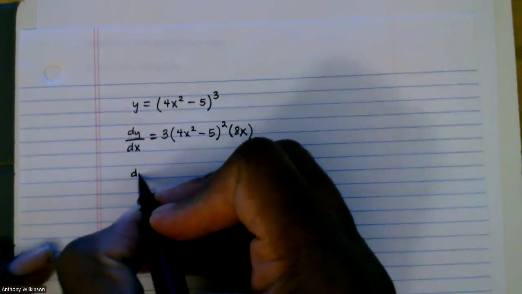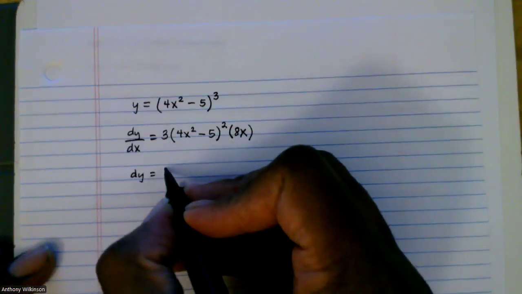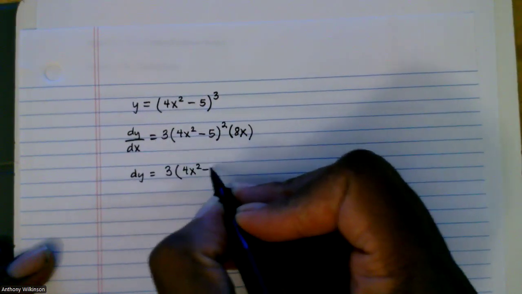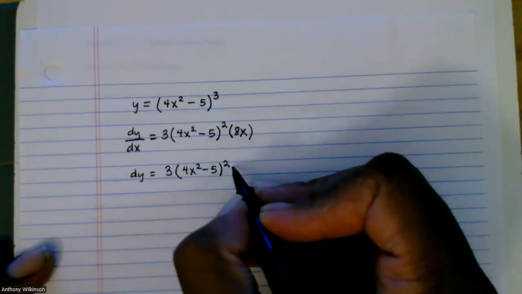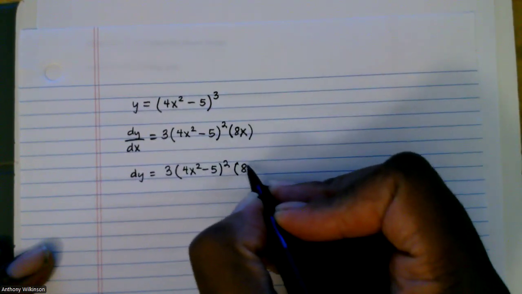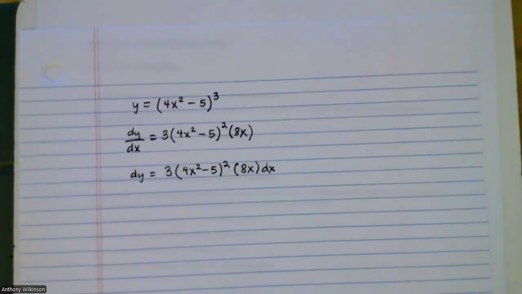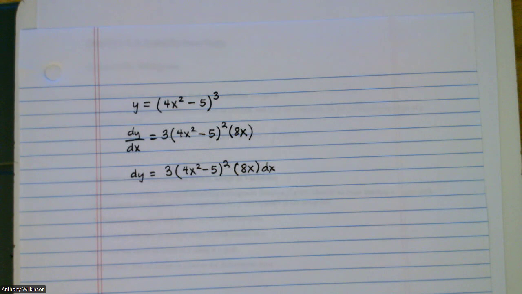Now, let's say if I wanted to write this as a differential, then I'll just write this as dy is equal to 3 times the quantity 4x squared minus 5, and that's squared, times 8x dx. That would be our differential here. Now, we're going to work backwards in this case.